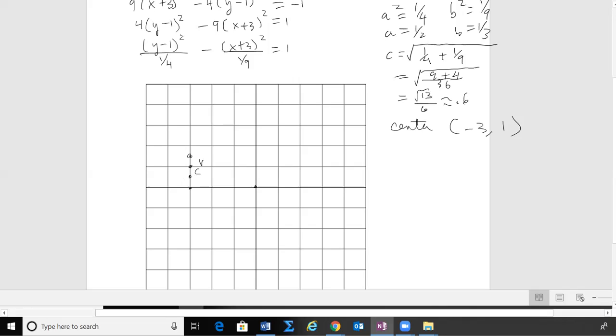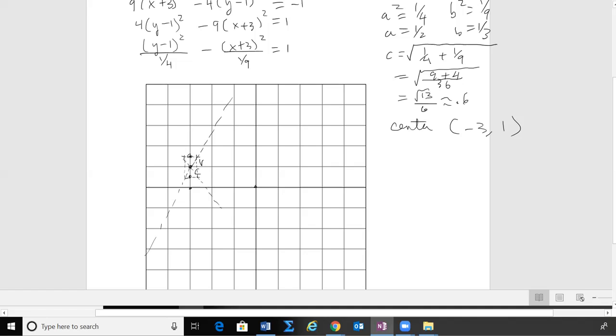So now I'll use the 1/3 for my B value, construct that, which is going to be 1/3 about like that. It's about 1/3 over. And you can draw in your asymptotes.